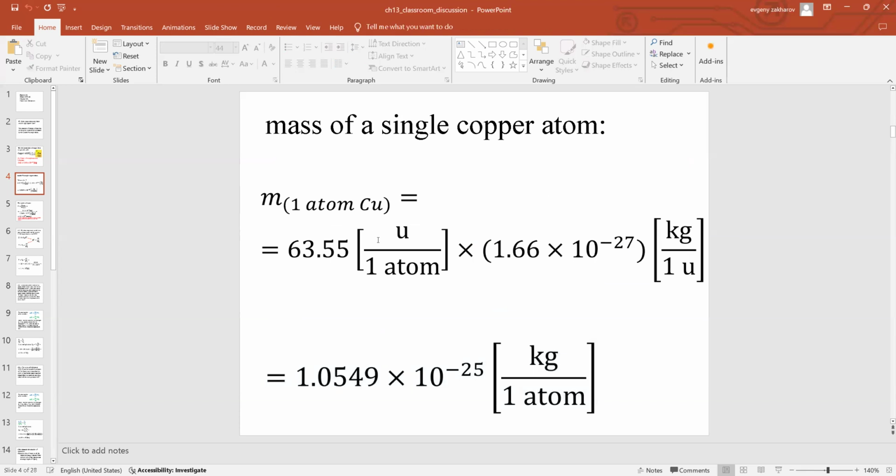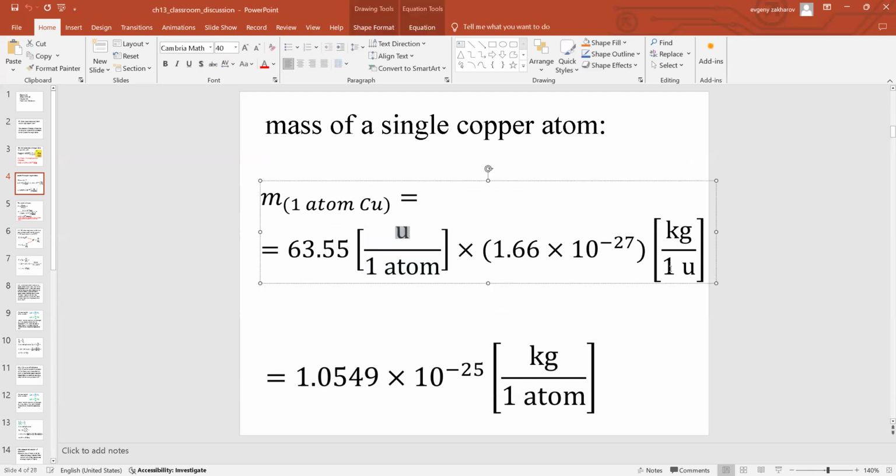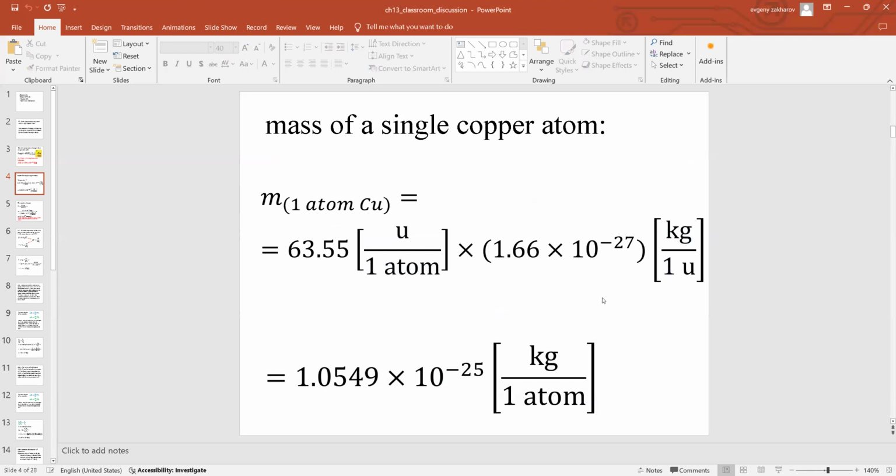See how U's cancel, right? Kilograms go on top, U's go to the bottom because you want to get rid of U's and be left with kilograms per atom. So this is the actual mass of one atom of copper.